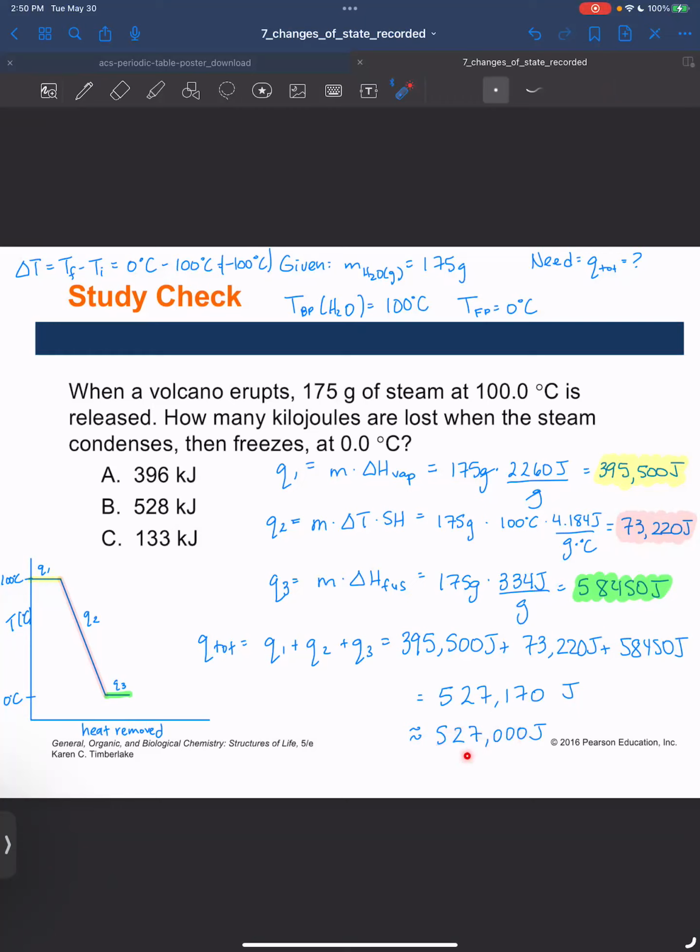I'm just rounding to 3 sig figs here, but I can't drop those zeros because that would change the order of magnitude. And this question actually did ask us in kilojoules, so we would need to do that conversion. So 1,000 joules is 1 kilojoule. So basically you're dividing by 1,000, you get 527 kilojoules as your final answer.